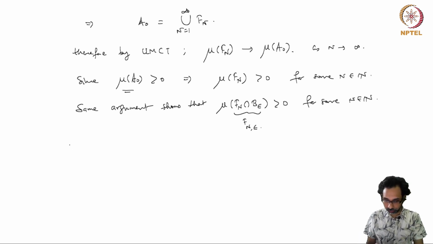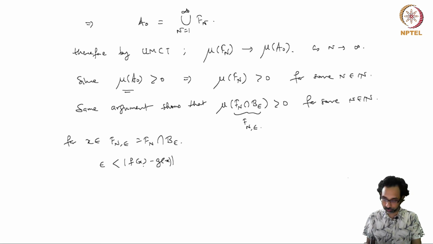Now if we write, for x in F_N epsilon, so this is F_N intersection B epsilon, this means that the modulus of f(x) minus g(x) is greater than epsilon. This part follows from the fact that x belongs to B epsilon.